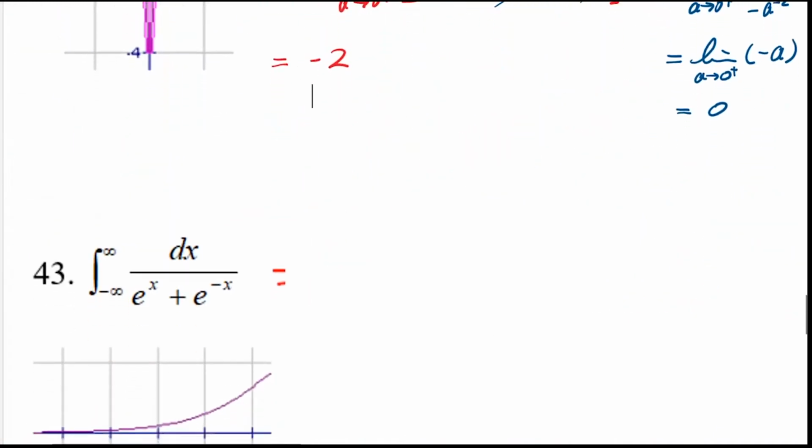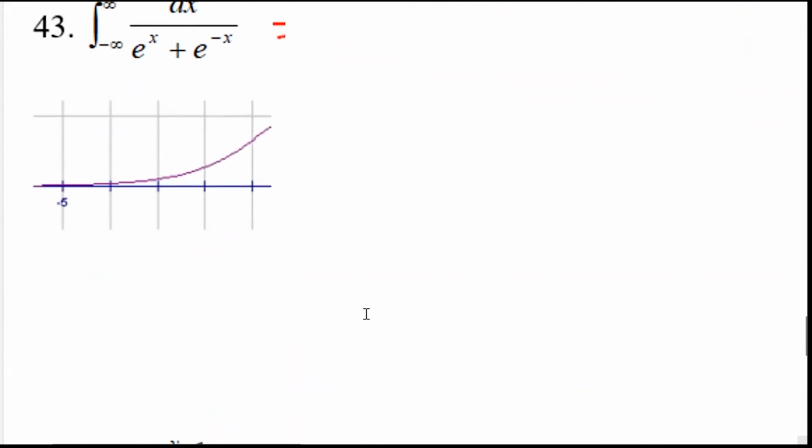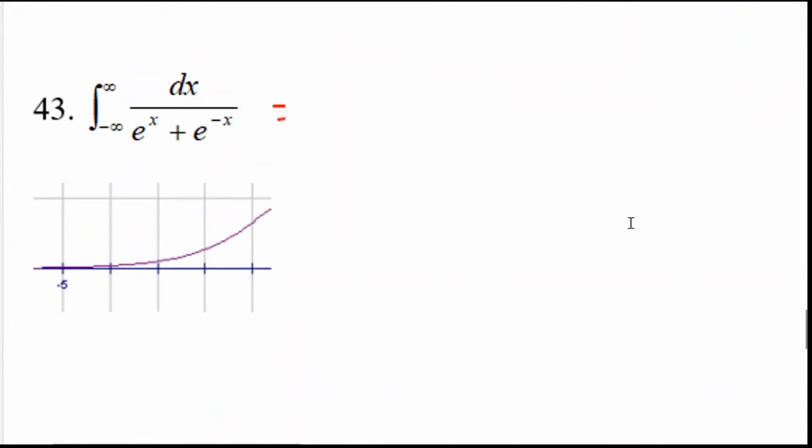Okay, let's do 43. The question was, how do I know which one to compare it to? First of all, this is an even function. If I replace x with negative x, you get exactly the same thing, right?